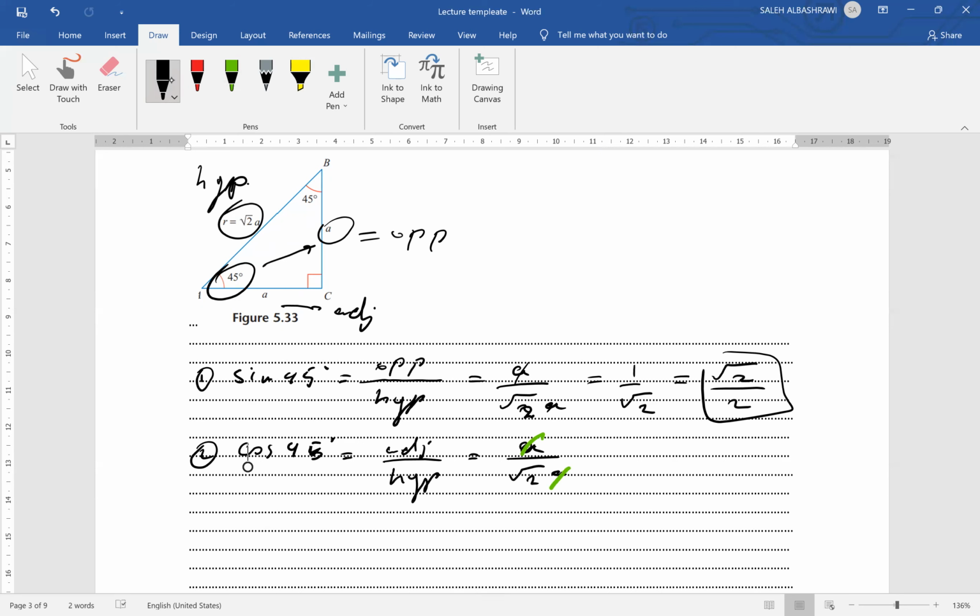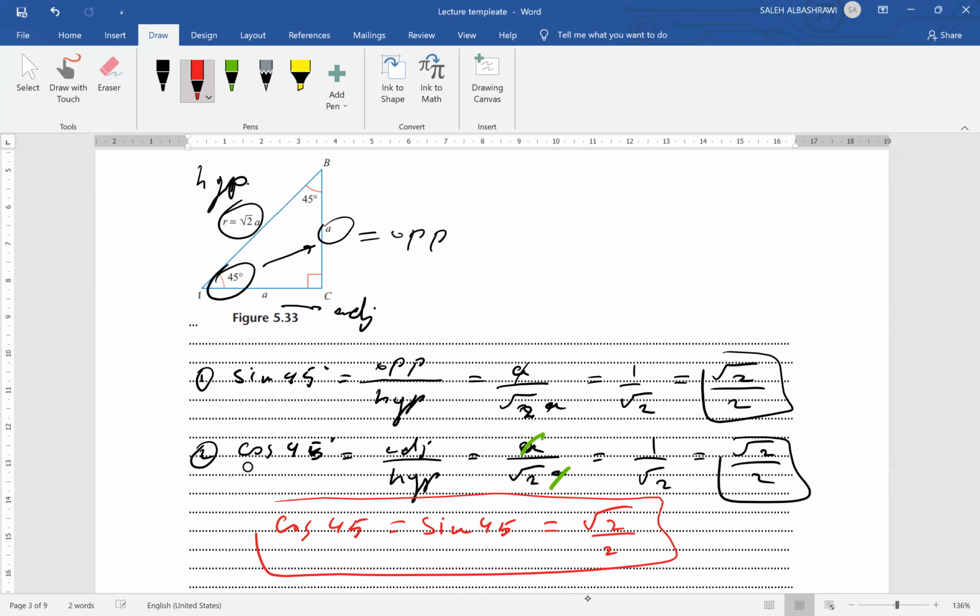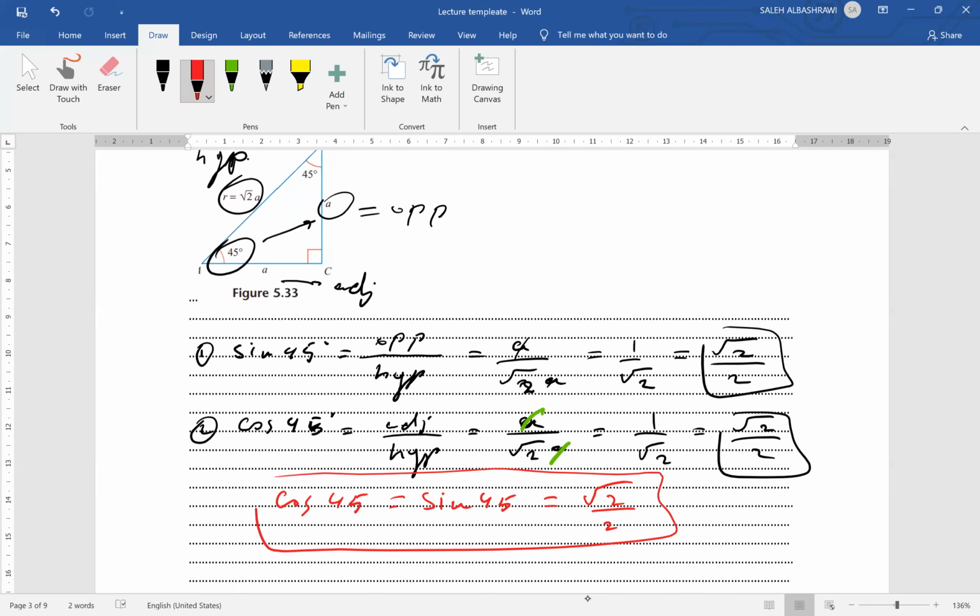I will have 1 over square root of 2, or it is square root of 2 divided by 2. So we can notice now that cosine 45 and sine 45 are equal. Cosine 45 equals sine 45, which is equal to square root of 2 divided by 2. This should be noticed.